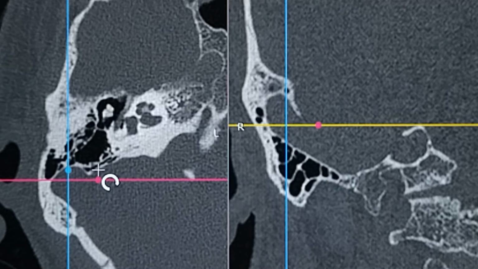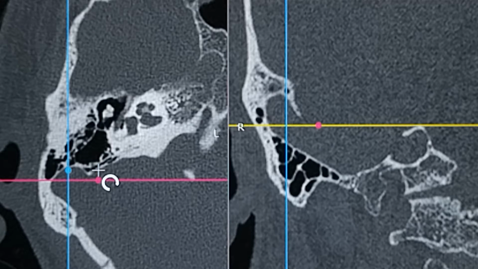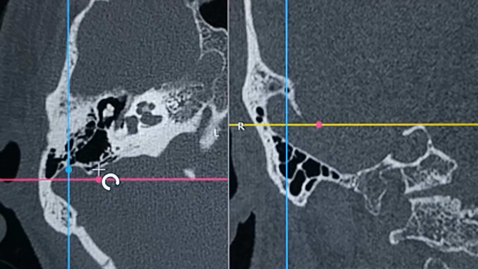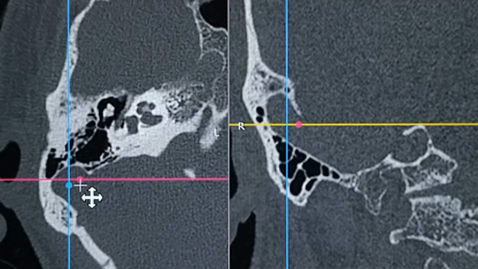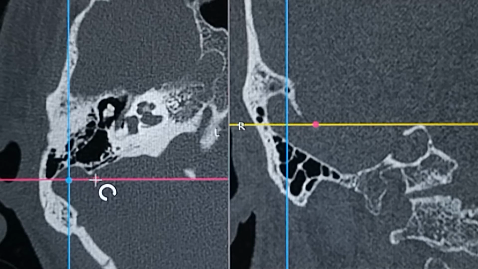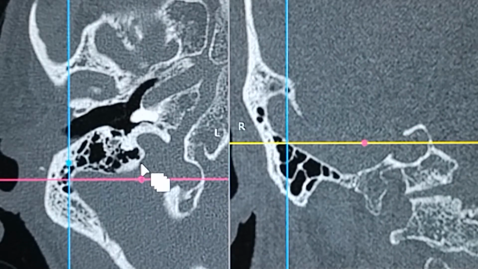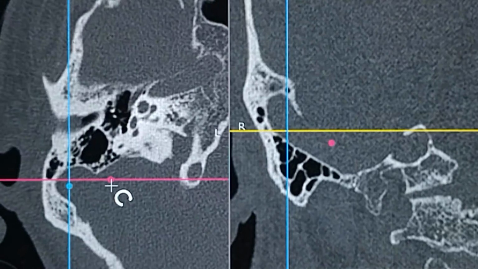So if it is anteriorly placed, you have to be very careful during the surgery, because if it is too far anteriorly placed, you have a chance of damaging the sigmoid sinus, and you can have a lot of bleeding inside. So that was about the sigmoid sinus. Going from below to above, we had three major vascular structures.